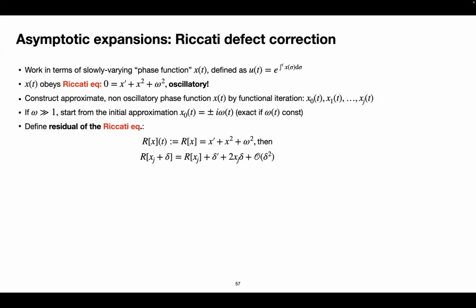And this little correction term is also going to be a function. And I'm going to set the left-hand side of this to 0. Why? Well, because I want to reduce the residual of this corrected version of x as much as it can so that the next iteration of x satisfies the differential equation better. So this is what I get, and this is another differential equation, this time in terms of delta. I want to solve for delta.